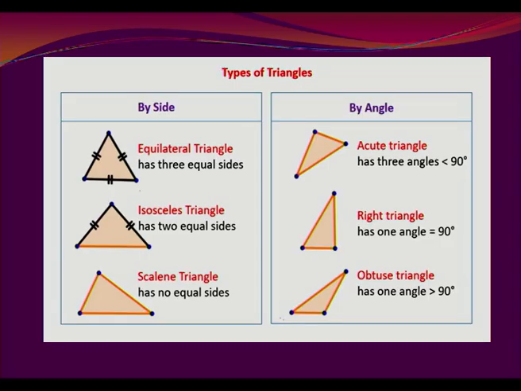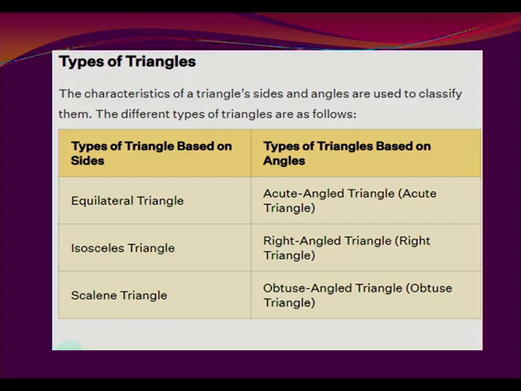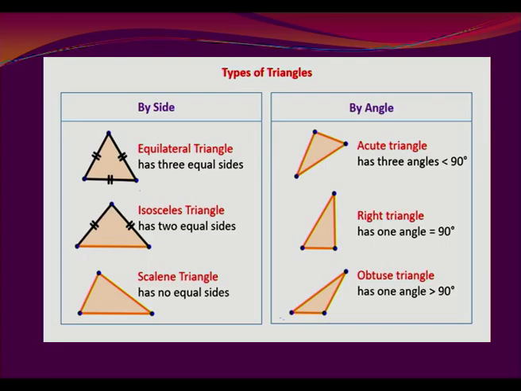Let us recall the types of triangles by sides and by angles. By the length of the sides we can divide triangles into 3 types: equilateral triangle has 3 equal sides, isosceles triangle has any 2 equal sides, scalene triangle has no equal sides, meaning the 3 sides are of different lengths.